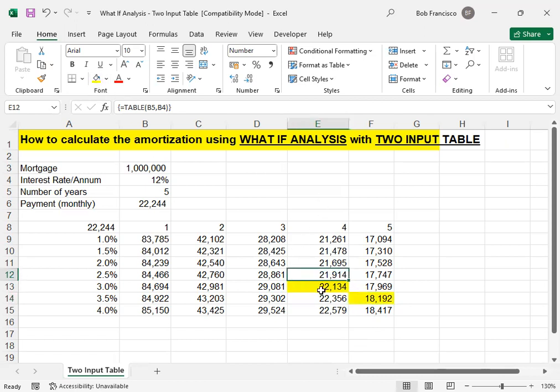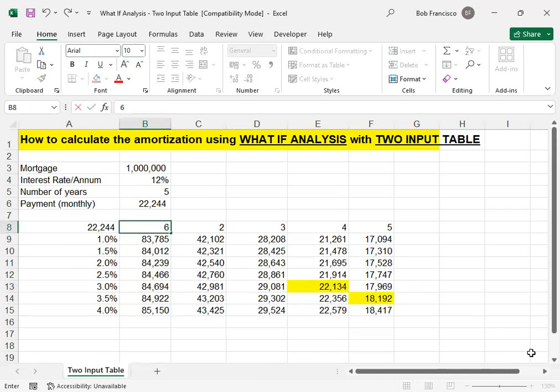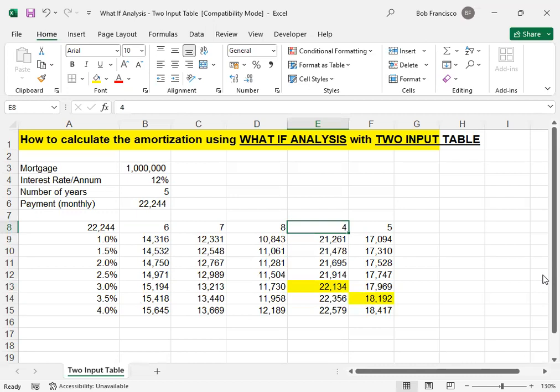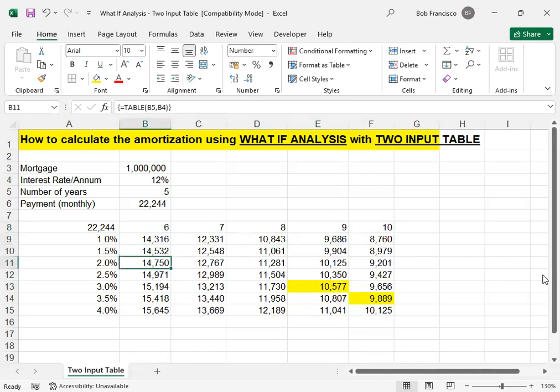This one, okay? Now, let's say we change the term. If you're going to change the term, let's say this is going to be 6 years. Look at the numbers. The numbers also change. 7 years, 8 years, 9 years, 10 years. Okay.